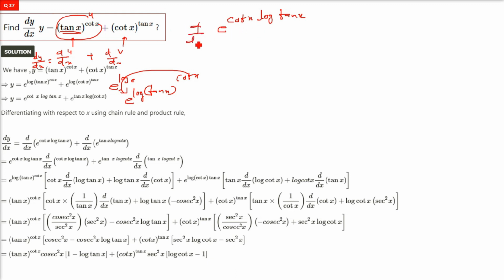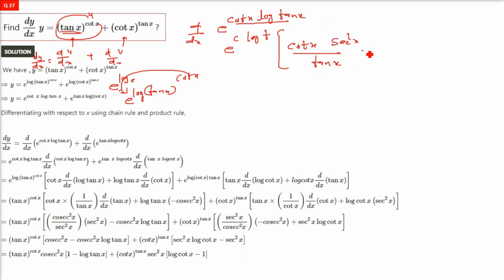So d by dx of this is going to be the same thing. e to the power anything will be e to the power that thing only: e to the power cot x log 10x. Now cot x we take outside, log 10x derivative is 1 by 10x and 10x derivative gives sec square x.